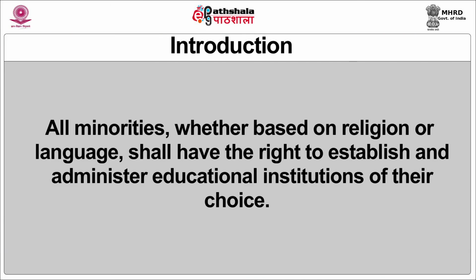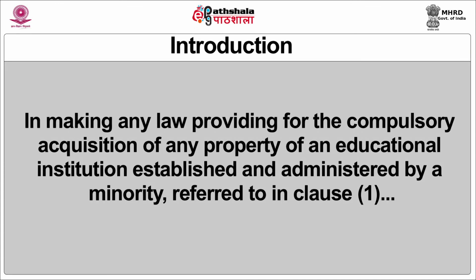Article 30 reads: right of minorities to establish and administer educational institutions. 1. All minorities, whether based on religion or language, shall have the right to establish and administer educational institutions of their choice. 1A.